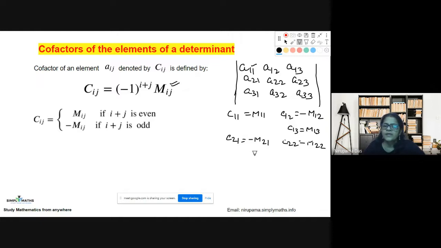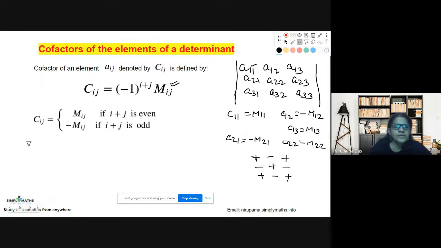So you are getting plus, minus, plus, minus, plus, minus, plus, minus, plus. Alternately you are getting like this. Plus means cofactor equals minor, minus means cofactor is the negative of minor. So we can take the sign convention like this.